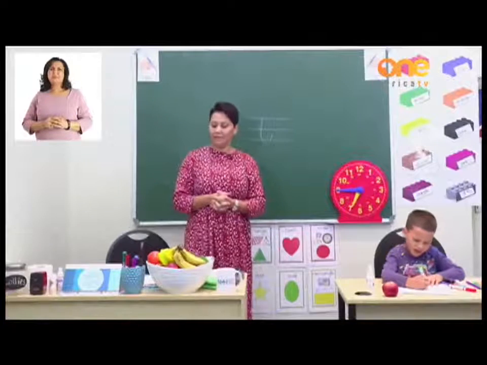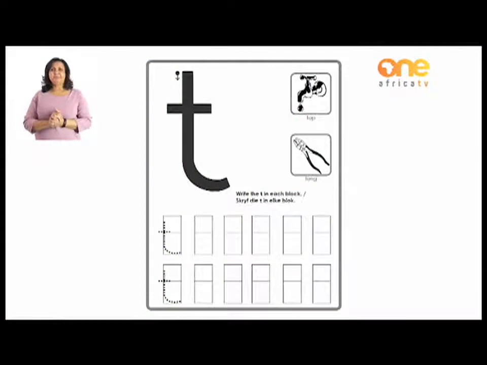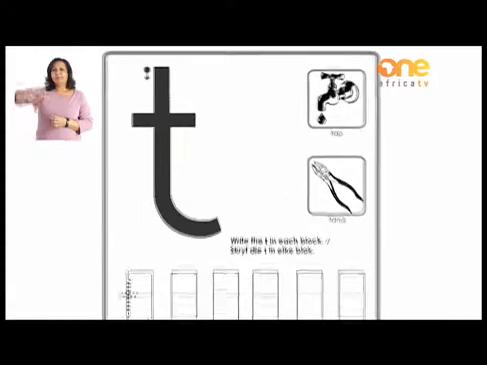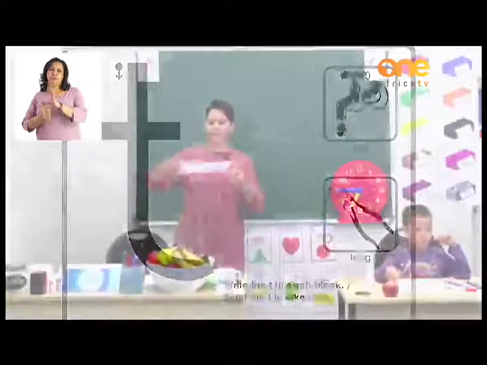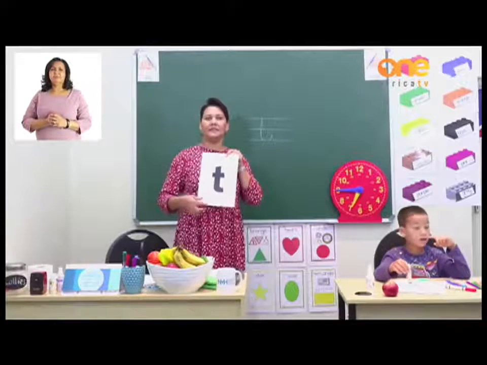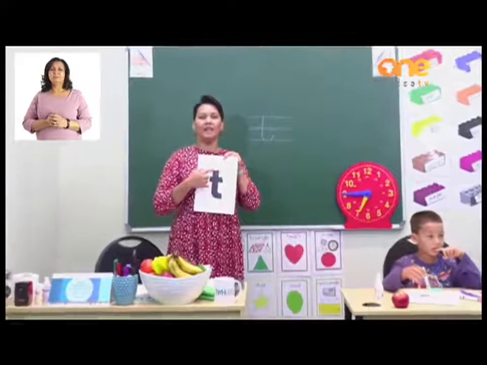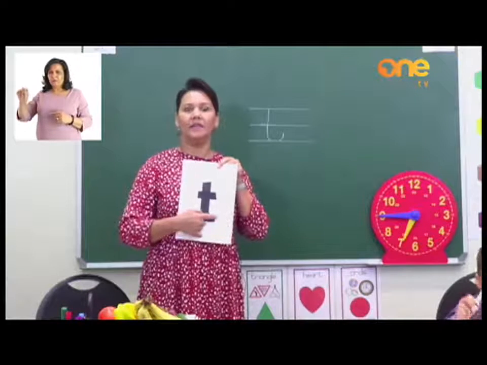Now, let's go to page 21. If you look at page 21, you'll see the tap and we'll see the letter T. Now, let me just show you the letter T. Okay, so we said letter T starts at the top of the line, goes straight down, and makes a curvy kick.